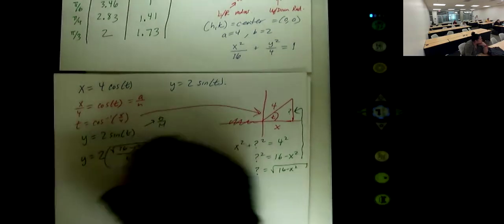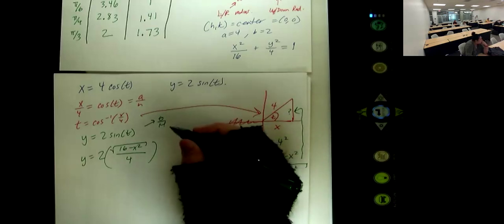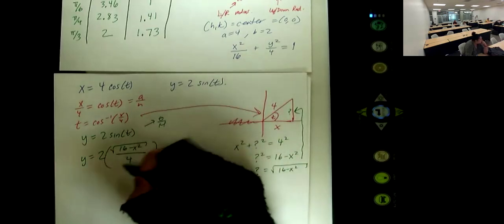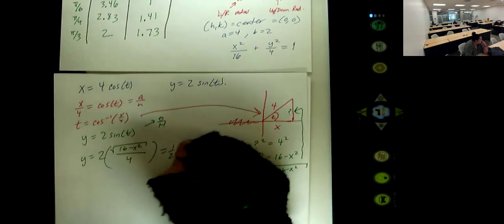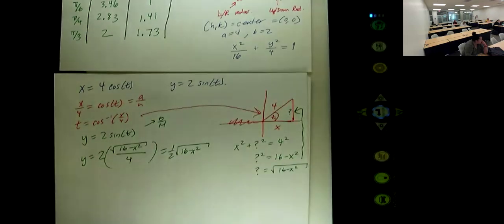So that's my sine t. Which means this is 1/2 the square root of 16 minus x squared. You guys good with that, cleaning up the 2 and the 4?